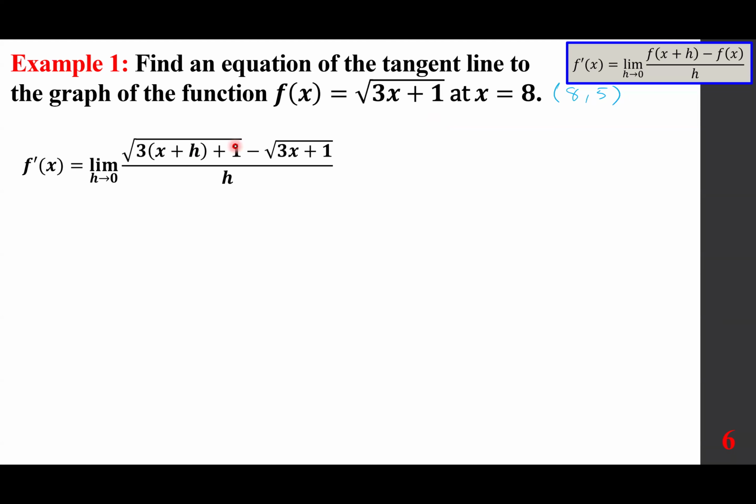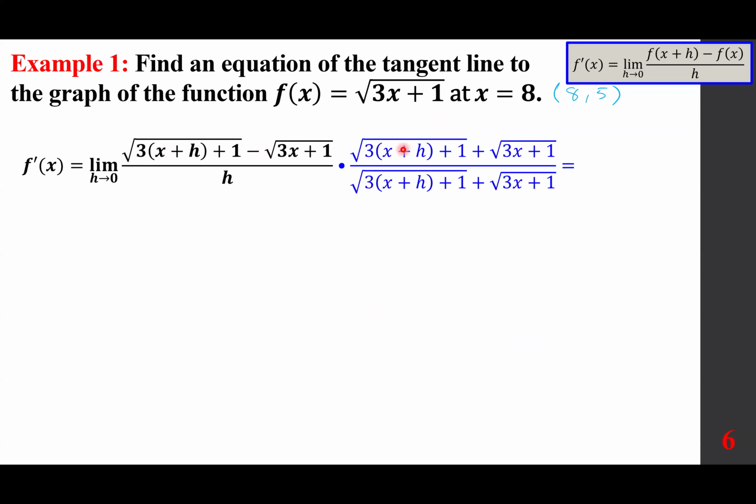The technique we have discussed, anytime a square root is involved, you multiply by its conjugate, which means you put a fraction bar and put the same thing with the plus sign at top and at the bottom. That's the meaning of a conjugate. So you have a minus b, a plus b.